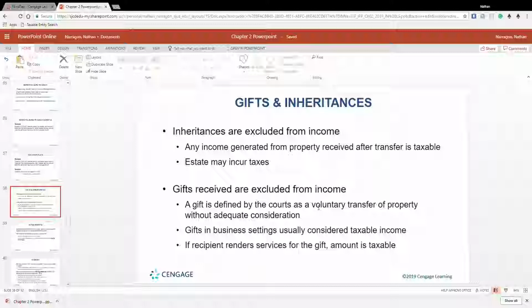But if it's an estate, estates can and sometimes will incur taxes. Usually that's very high income estates. Low income estates do not. I think now it's somewhat over $1 million that the estate has to have. The government's trying to get rid of this tax, so keep an eye on it. It may actually go away.